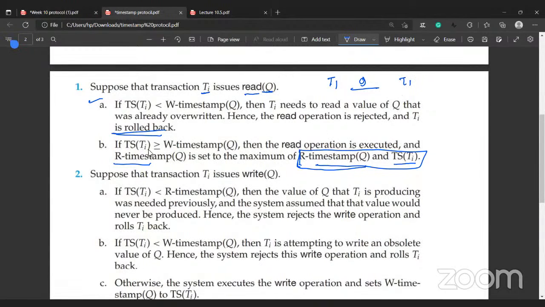If the timestamp of T1 is greater than the write timestamp of Q, then the read operation is executed and we set the read timestamp of Q to the maximum among the two values. So everyone got this point? At least answer yes or no. Yes, sir. Okay.